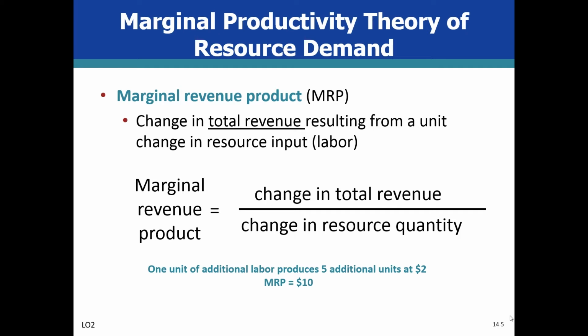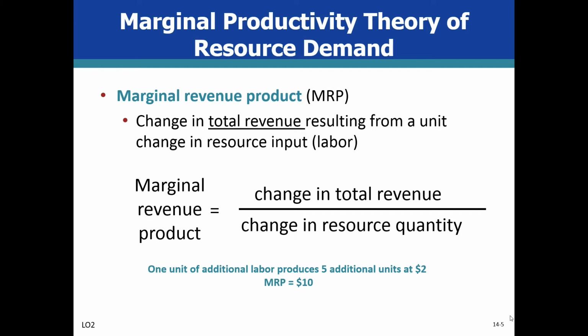So we have two things going on here. We have what the worker can produce, what that incremental worker can produce, and what that production gets in the market given the selling price of the product or service.